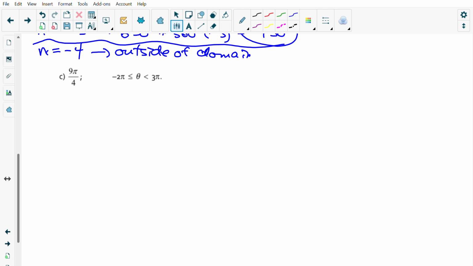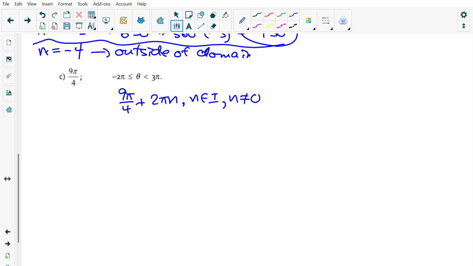Okay, 9 pi over 4. Okay, I have 9 pi over 4 plus 2 pi n. So I'm going to use the radian version of this. N is an element of integers.